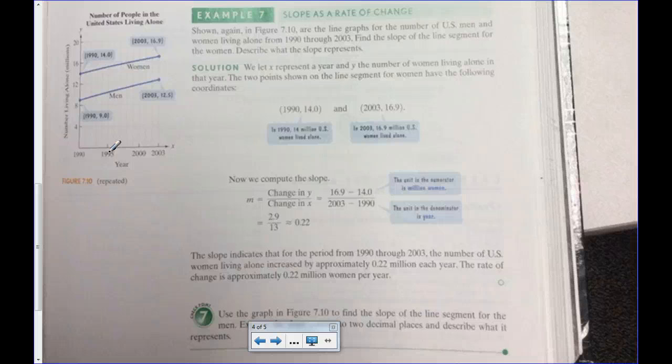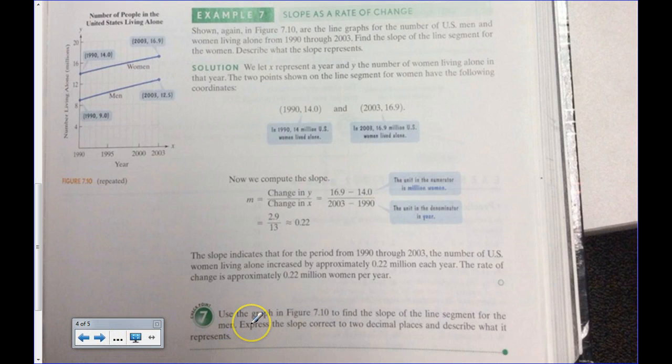Okay, so what we need to do on this is it's asking us in checkpoint 7 here to use this graph to find the slope for the men's line. It gave us 2 points. What were those 2 points that you see? 1990 and 9.0.